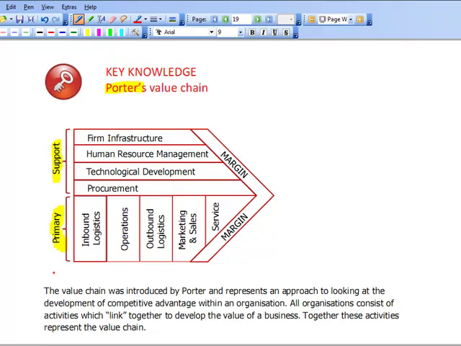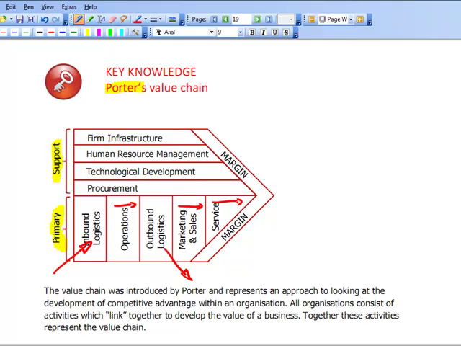Looking at the primary activities, we start with inbound logistics: how does an organization get the raw materials into the organization? We then have operations, converting the raw materials to the output. Then outbound logistics, getting the product to the customers, and marketing and sales and any after-sales service.